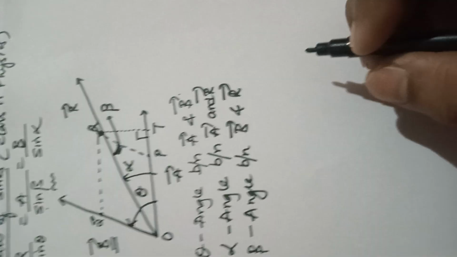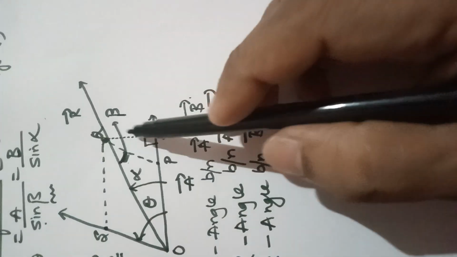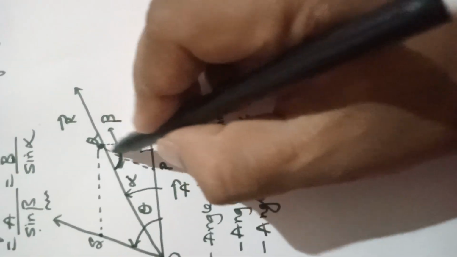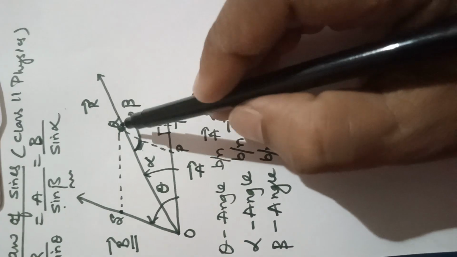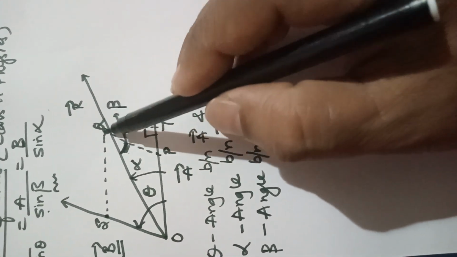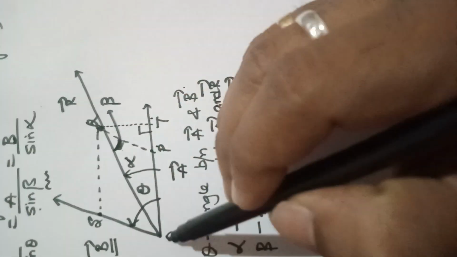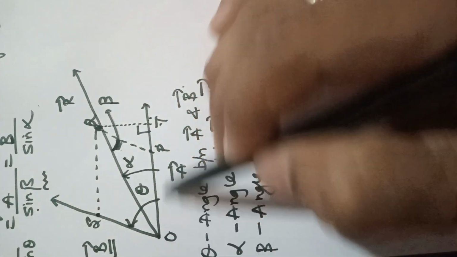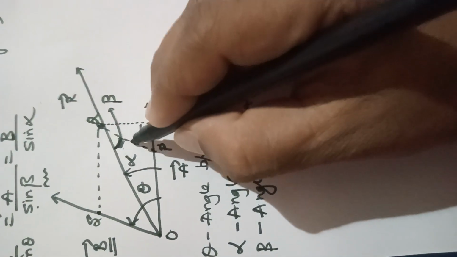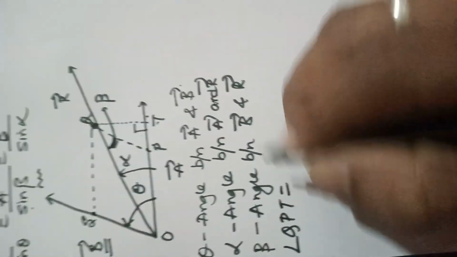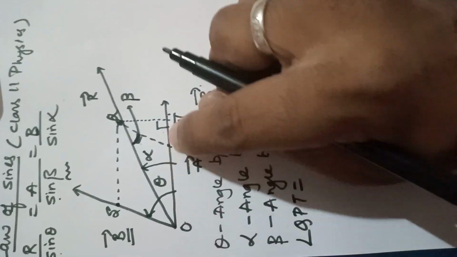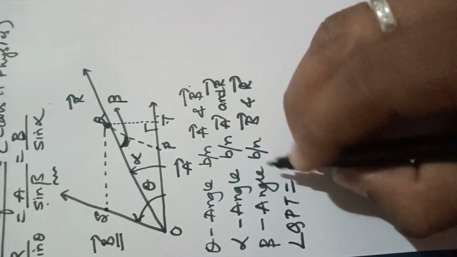Now let's see how to derive this. Before we derive, observe these two angles carefully. Which two angles? QPT and the angle SOT. So I can say this angle, angle QPT, will be equal to this angle SOP or SOT.